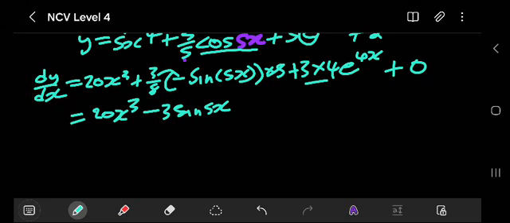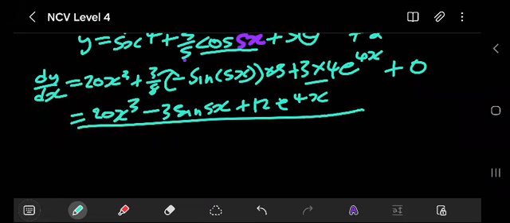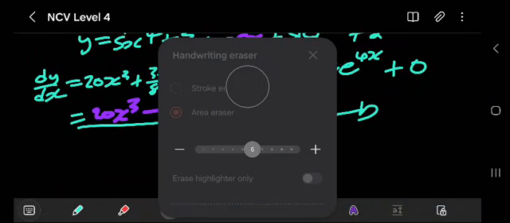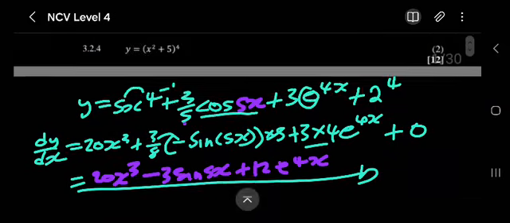We'll have there plus 12 e raised to the power 4x. Yeah, this is what it is. That is how you differentiate the first part there. So yeah, this is how it goes.